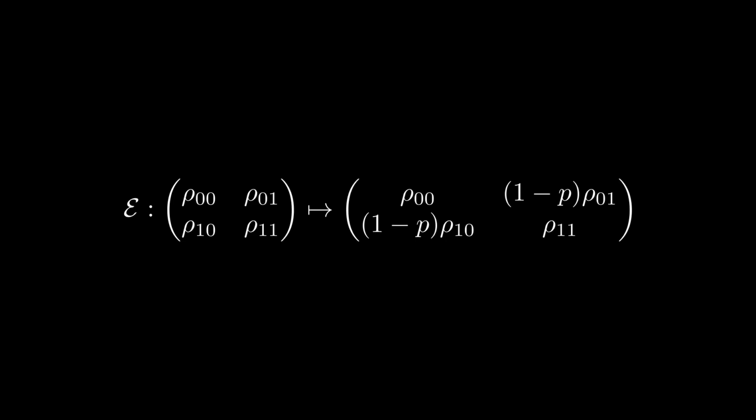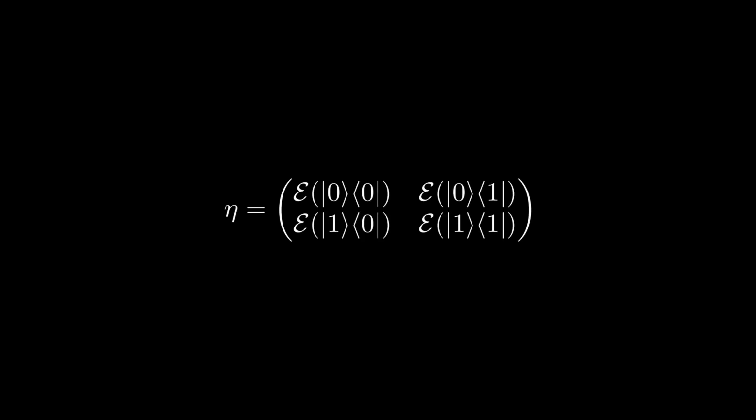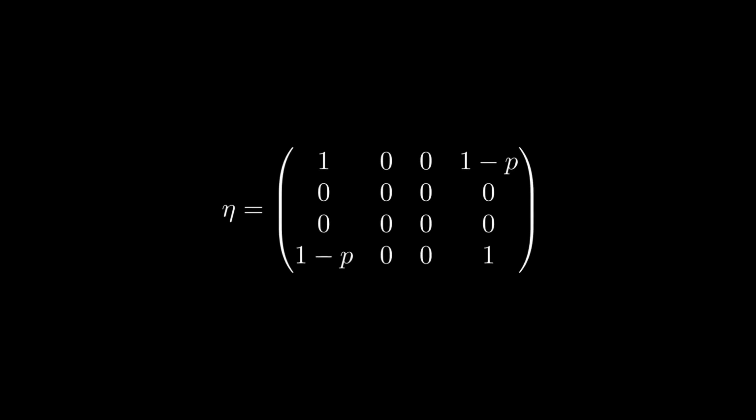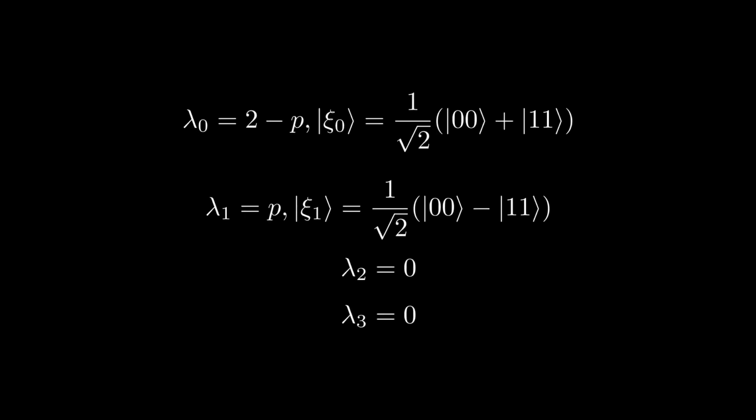Something I should note here, however, is that the operator decomposition we derived here is actually not the minimal set. To see this, let's practice using the Choi matrix to find the minimal set of Kraus operators. Constructing the Choi matrix is trivial here using the mapping that we calculated, giving us the following. We can now compute the non-zero eigenvalues and their corresponding eigenvectors.